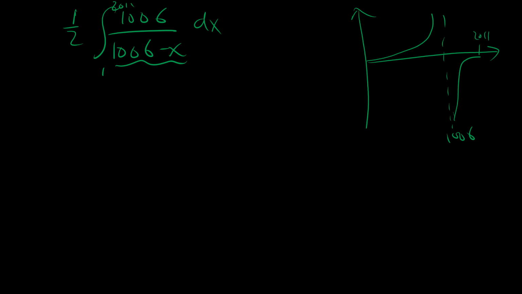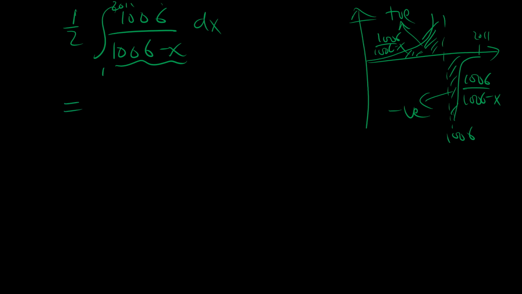And since this is a constant, we see that the area here is the same as the area here, right? And this is positive area, negative area, and this is, by the way, 1006 over 1006 minus x. So this area cancels, the positive and negative cancel each other, so this is essentially equal to 0.